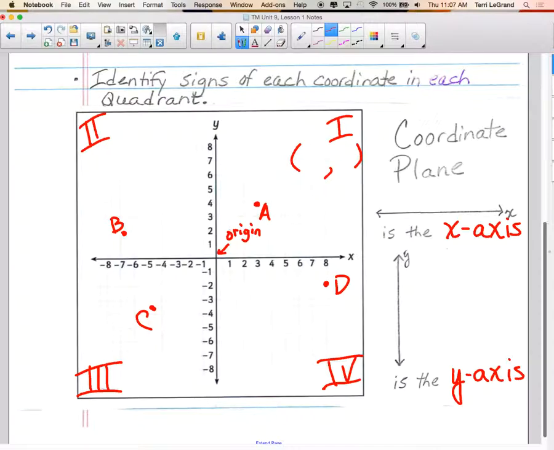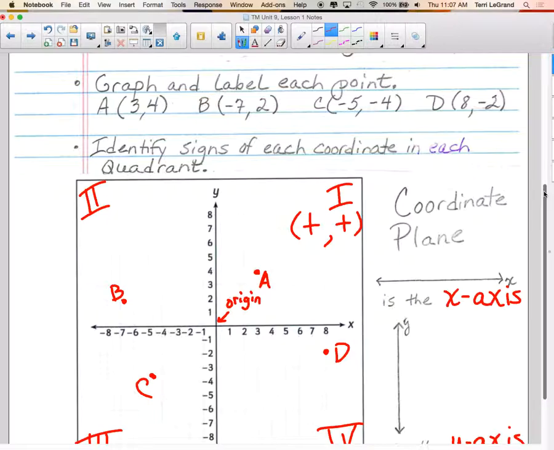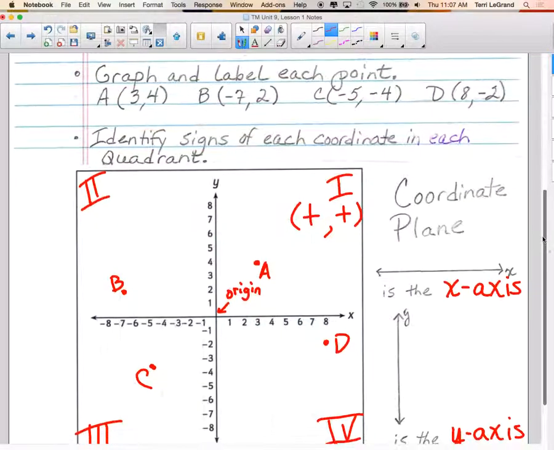Positive or negative? Positive, because we have to head to the right to get there. And what would the y coordinate be? Positive, because we've got to go up to get into that quadrant. So the signs for all points in quadrant 1 should be a positive x value and a positive y value. Is that true for our point A? Yes. Okay, we have a positive x value, we have a positive y value.